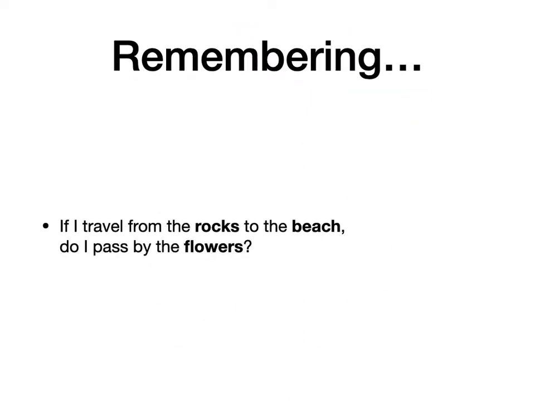But if I travel from the rocks to the beach, do I pass by the flowers? Again, constructing this representation of the map itself, which is itself a representation of the world, but also within the representation of the map, these paths that you're trying to summon up and build to be able to answer these questions.